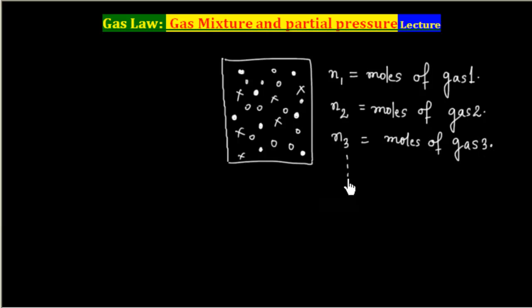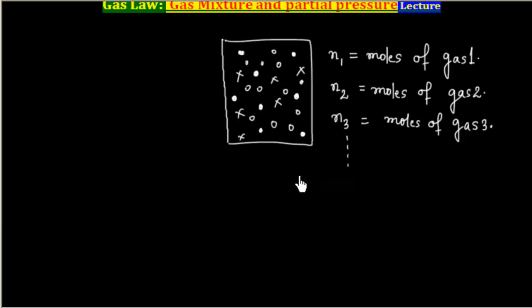Similarly, we can have many gases and the corresponding moles N1, N2, N3, N4, N5. So these are the moles. This gaseous system, this vessel, contains N1 moles of gas 1, N2 moles of gas 2 and N3 moles of gas 3. Similarly, it can have more moles of gases.